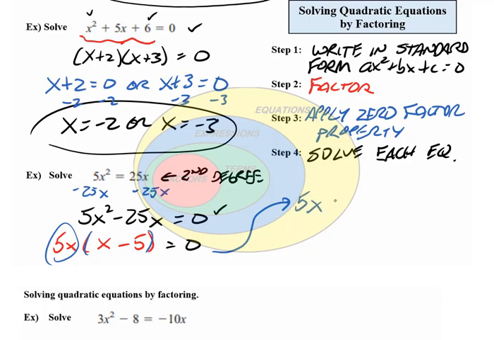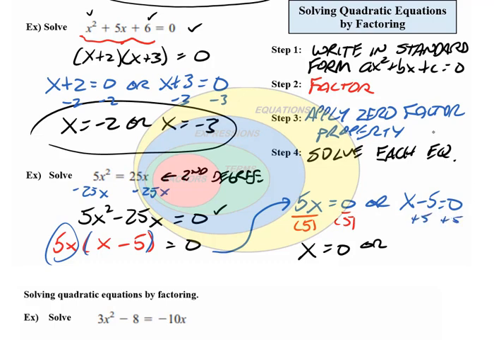So 5x has to equal 0, or x minus 5 has to equal 0. So solving, dividing both sides here by 5, I just get x equals 0, or if we add 5 to both sides, we're getting x equaling 5.